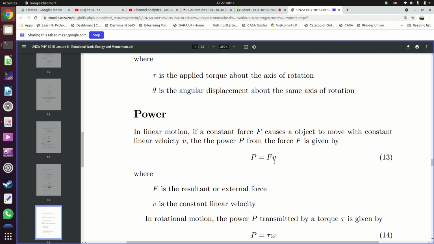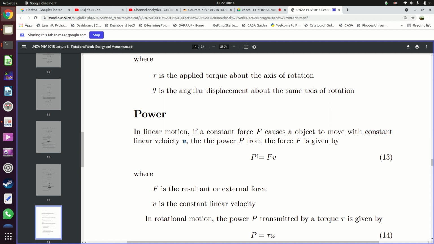The v here is not the initial velocity, it's not the final velocity, but it is the average velocity, u, the initial velocity, plus the final velocity, divided by 2. That's why it is a constant. So we're supposed to say constant average velocity v.